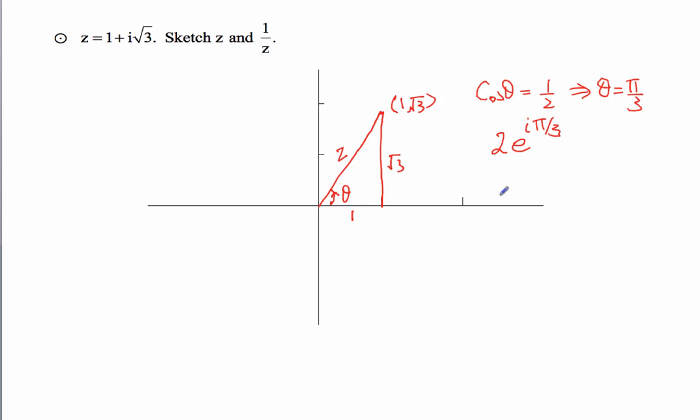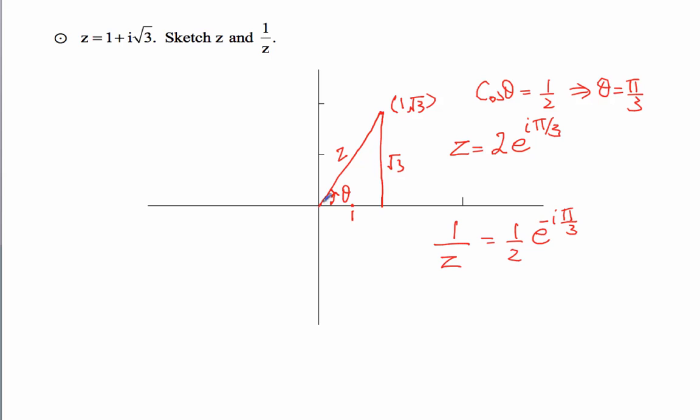Now let's work out, so that's z over here. Now let's work out 1 over z. If I use the polar representation, it's so easy because all I need to do is write this as half, and then 1 over e to the i pi by 3 is e to the minus i pi by 3.